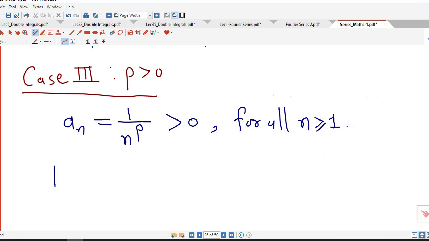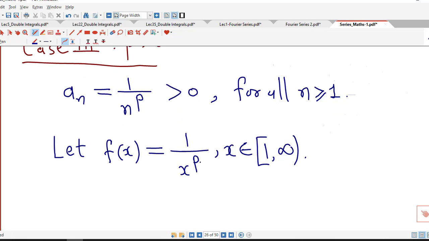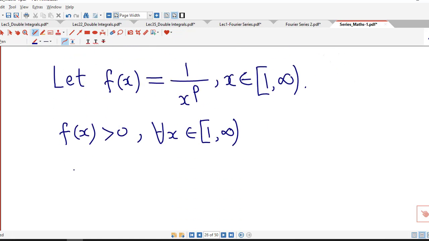Before that, we have to construct a function by replacing n by x. So let f of x equal 1 over x raised to p, x belongs to the closed-open interval 1 to infinity. Now here the power p is positive and x is in this interval, so clearly the function is positive. So f of x is greater than 0 for every x in the interval [1, infinity).